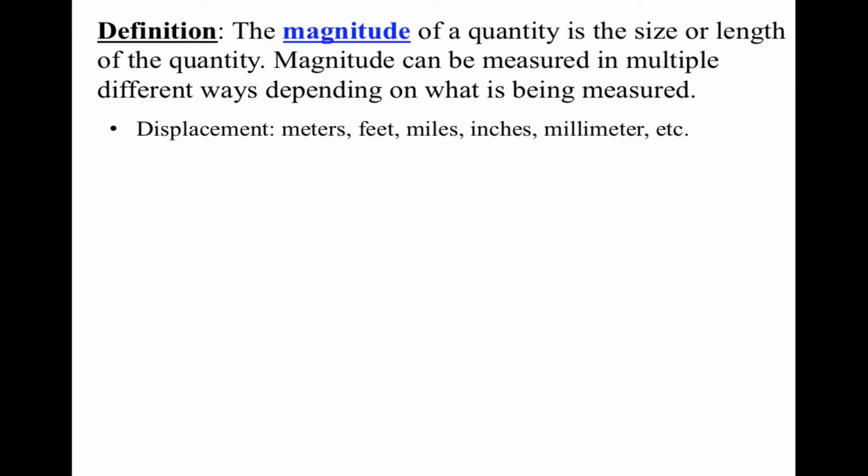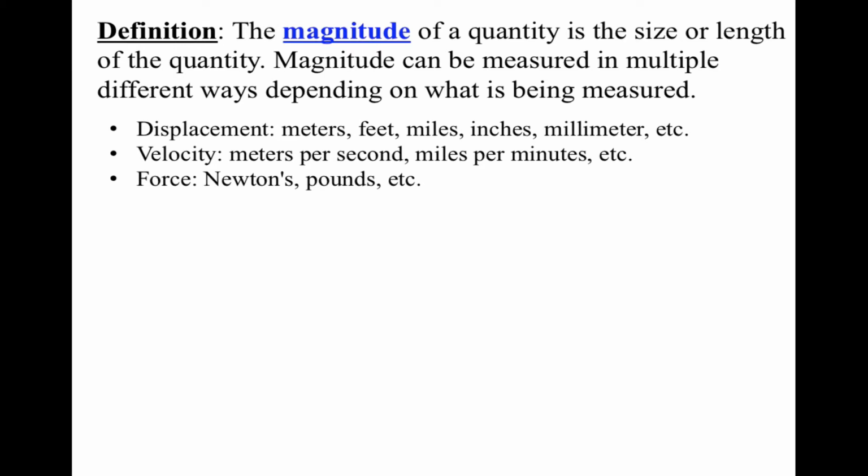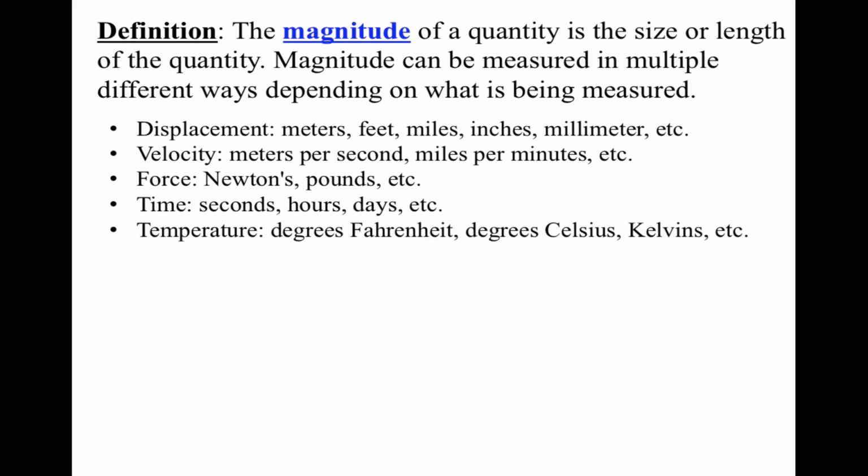For displacement, we have meters, feet, miles, inches, millimeters, etc. For velocity, we have meters per second, miles per minute, etc. Force would include newtons or pounds. Time includes seconds, hours, days. Temperature would include degrees Fahrenheit, degrees Celsius, kelvins.